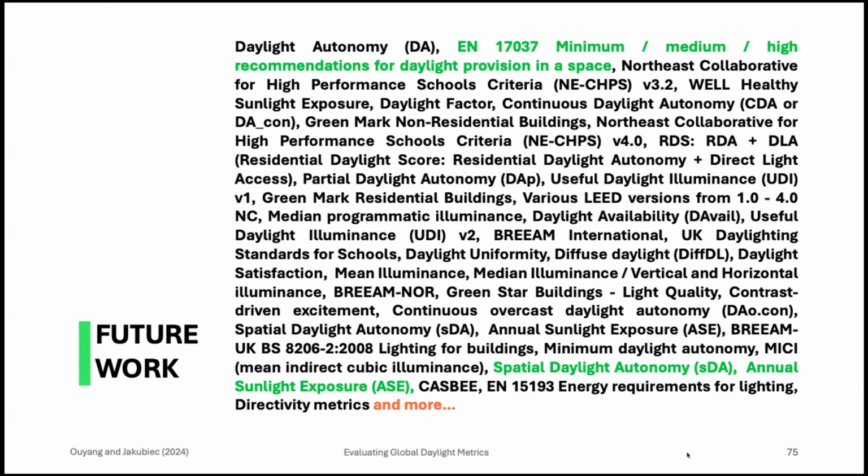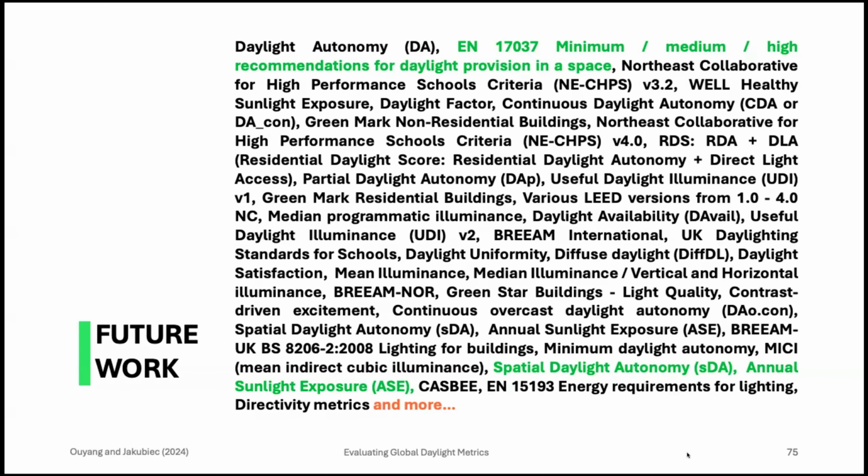So what is next for my research? There are numerous global daylight metrics available, each offering a different approach to evaluating daylight quality. We've only touched upon two in our presentation today, and my research aims to systematically compare and analyze various global daylight metrics to gain a deeper understanding of how daylight is assessed across different contexts.